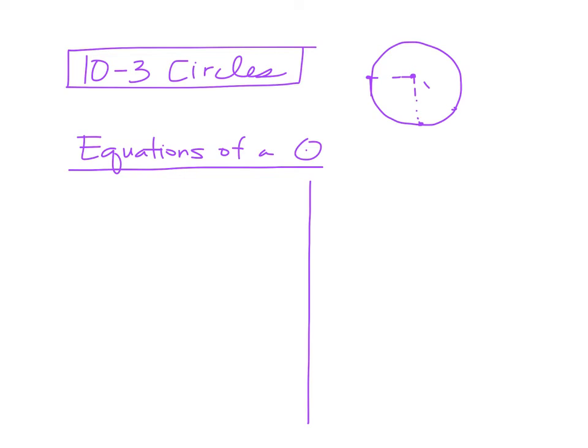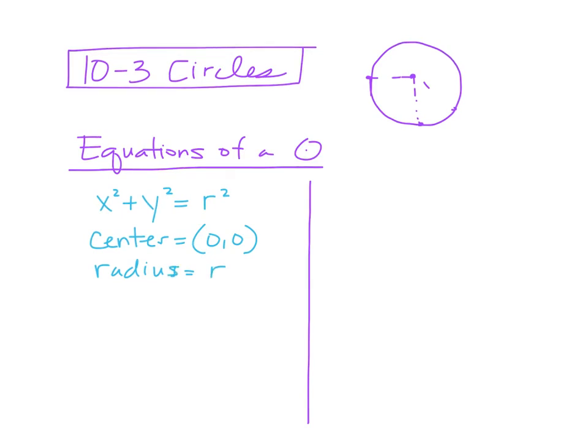The first one is the equation x squared plus y squared equals r squared. Okay, and for this equation, your center of your circle is 0, 0. Whenever it looks like this format, the center is 0, 0, and the radius is r.